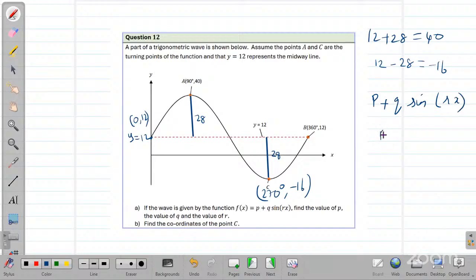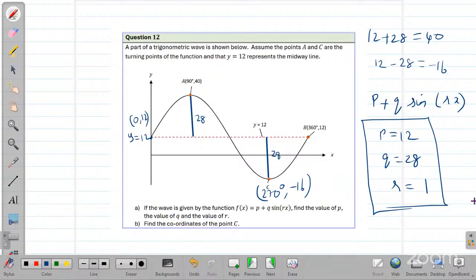Okay. So p is equal to 12, this midway line here. And q will be, so plus 28 and minus 28, so q is equal to 28. Now r is equal to, you see here, at 90 degrees, it's just as common. So r is equal to 1. These are the answers.